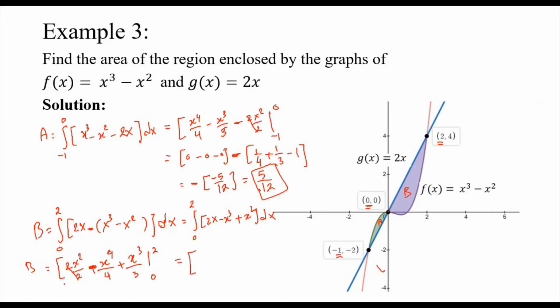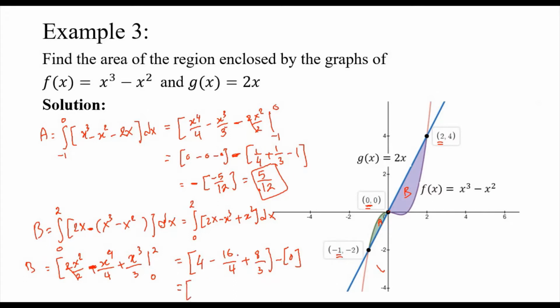So this is basically 2 squared is 4 minus 2 to the fourth power is 16 over 4 plus 2 to the third power is 8 over 3 minus 0, because this will be 0 minus 0 plus 0, which is going to be 0.